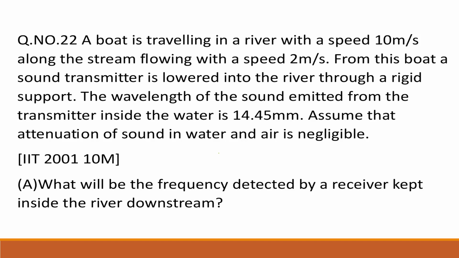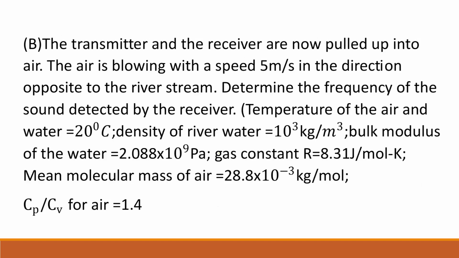The condition is given: inside, downstream. Next, the transmitter and the receiver are now pulled up into air, and air is blowing with a speed 5 meter per second in the direction opposite to the river stream. Determine the frequency of the sound detected by the receiver.